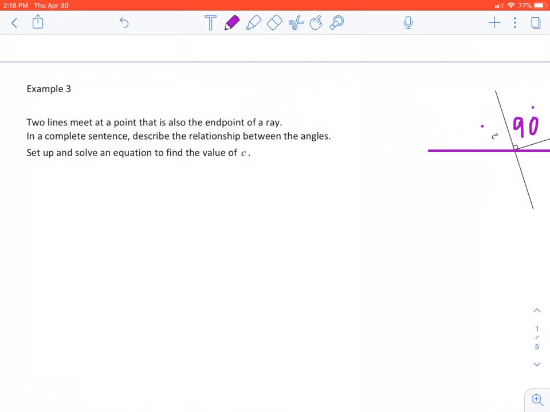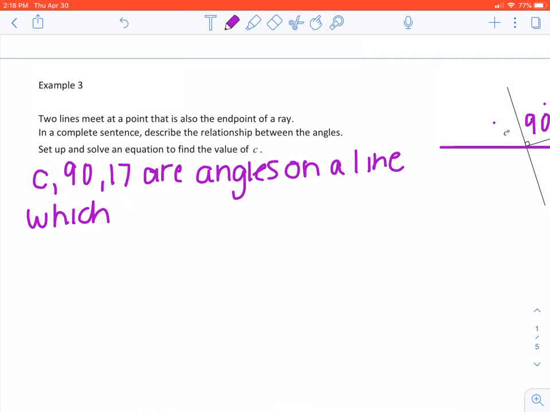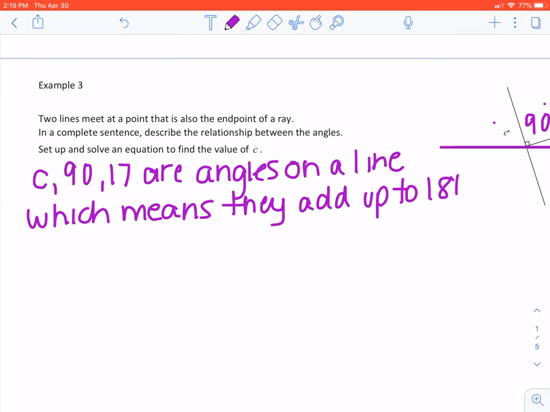We have C, 90, and 17. Let me just make sure. Okay. These are angles on a line, which means they add up to 180 degrees.